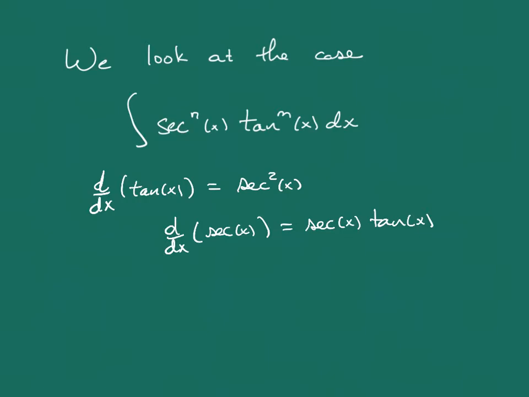And then the big trig identity that's going to go along with this when we're doing any of these problems is 1 plus tangent squared being secant squared. Rearrangements of that trig identity along with our derivative formulas are really going to be the heart of our strategies for dealing with these trigonometric integrals.